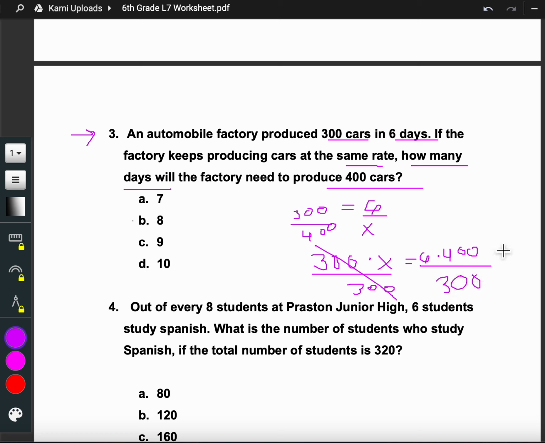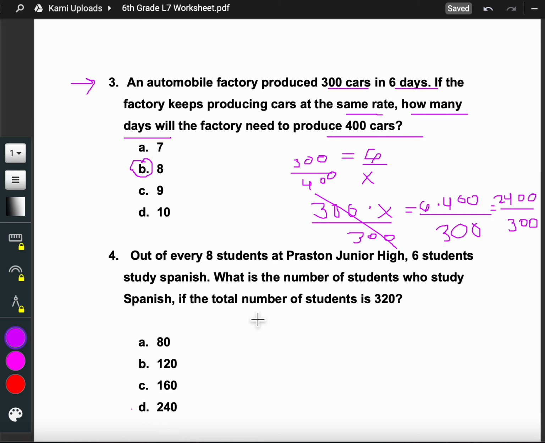And we're going to find out what this is. So 400 times 6 is 2,400 divided by 300. So that should be 8. So the answer should be B. It will take 8 days for the factory to produce 400 cars.